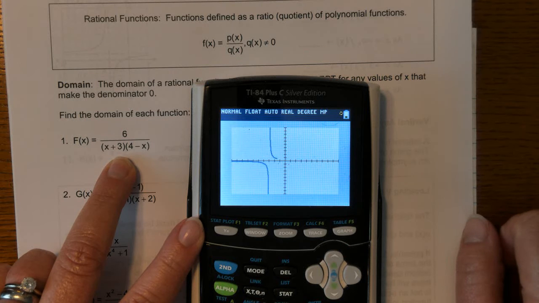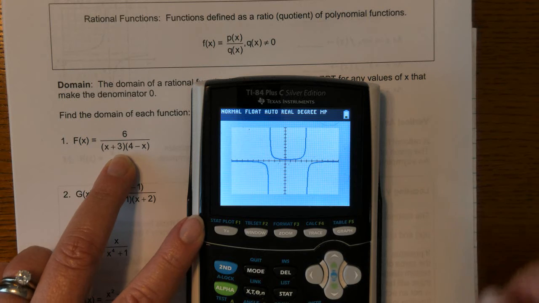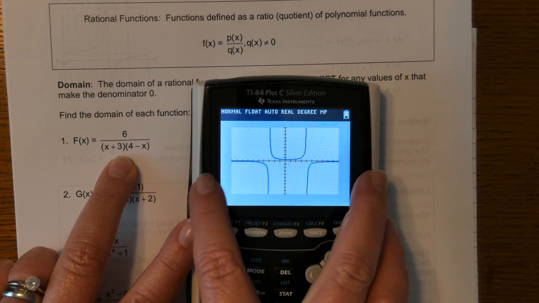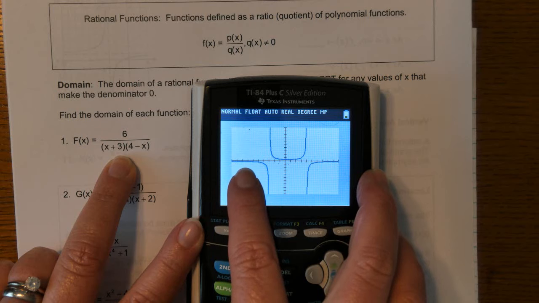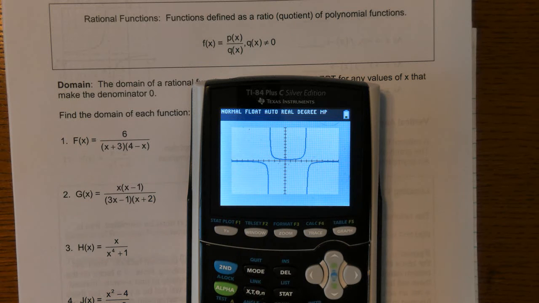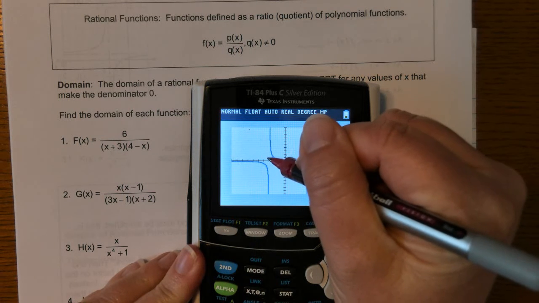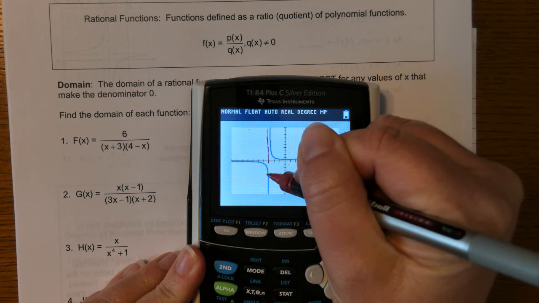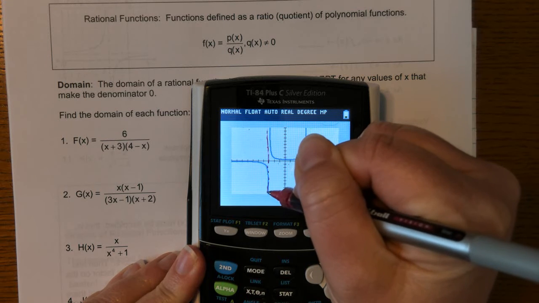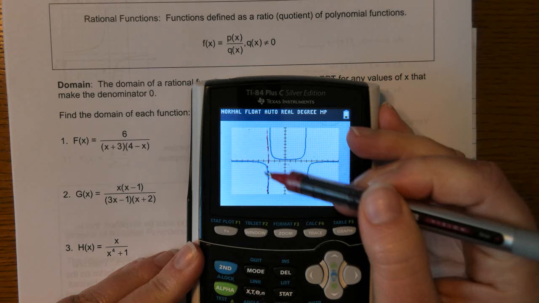And this is an interesting picture. So notice that the graph is rocking and rolling, it's cruising along right here, and then all of a sudden, right here, when we get to about -3, the graph zooms down.